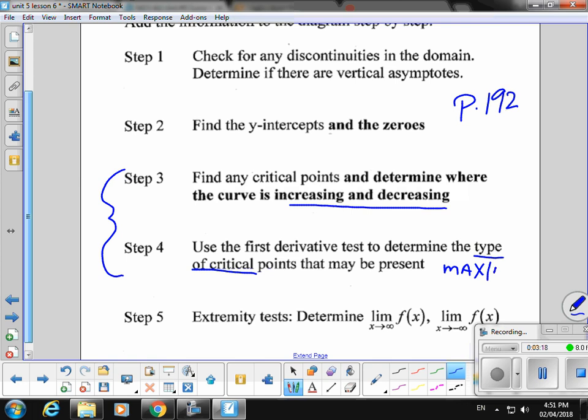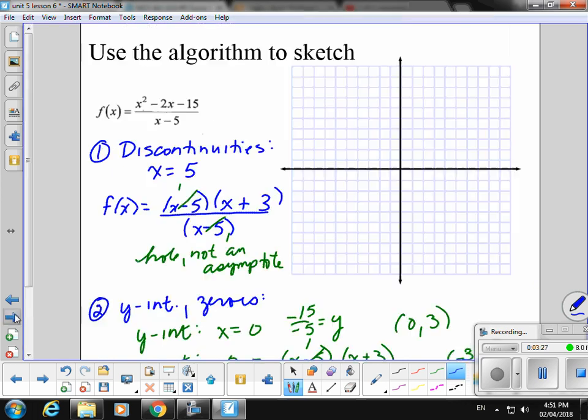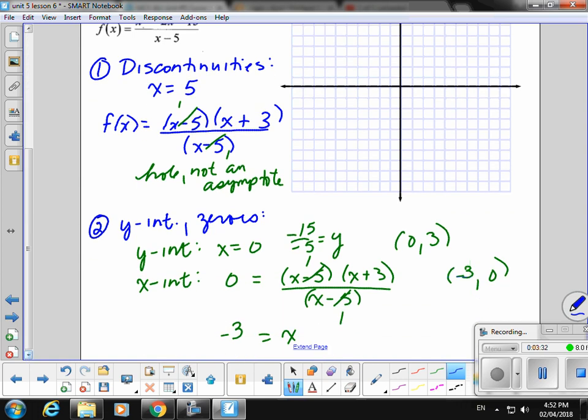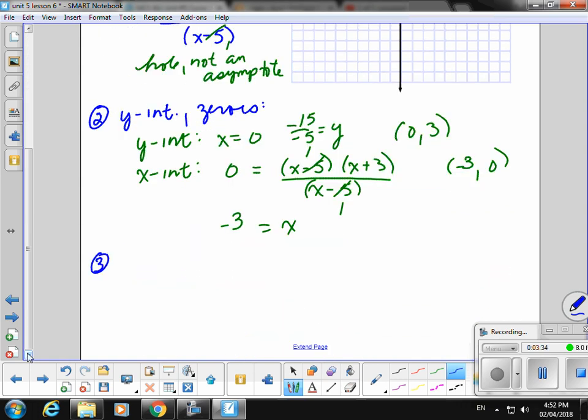So when I organize that table that I make you do, then we have done steps 3 and 4 together. All right. For this particular function, we are looking at the first derivative test.